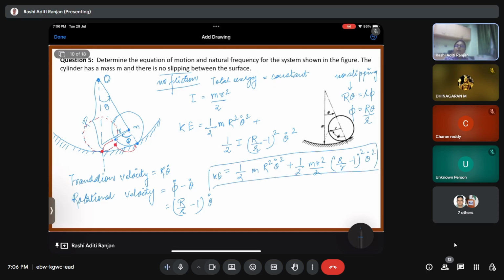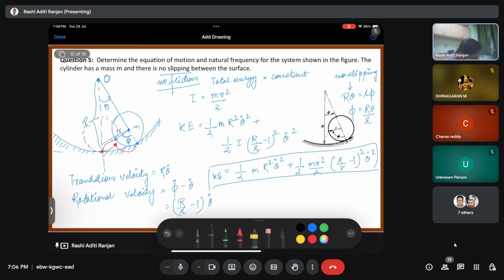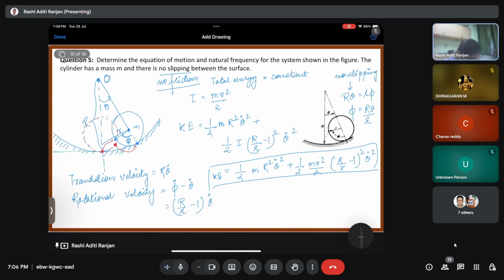Now we need to evaluate the potential energy. There is no spring here, so the potential energy is because of gravitation. I consider this line as my reference for evaluating the potential energy.